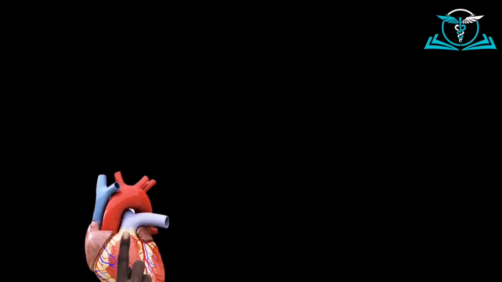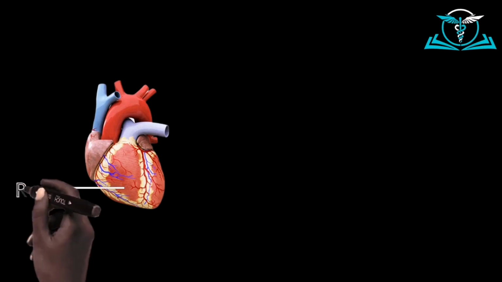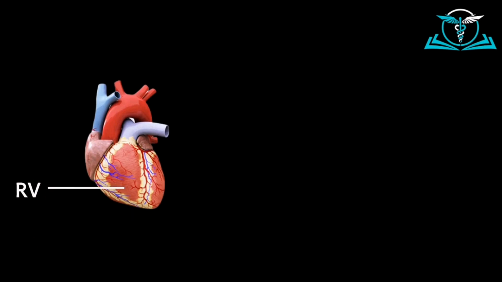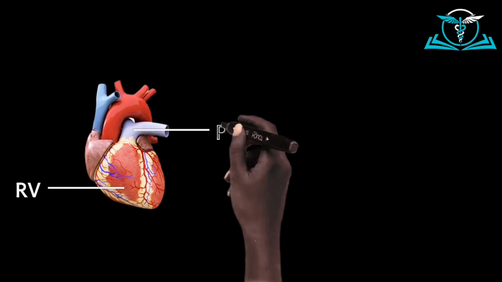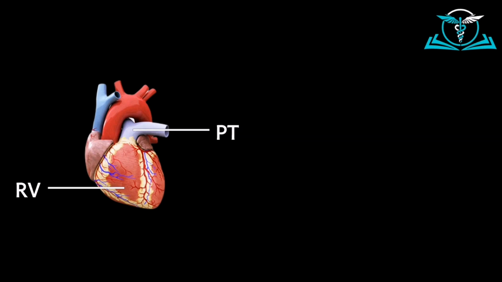Now remember that the circulation we have dealt with is actually the systemic circulation, and so we have given an overview of how the systemic tissues are supplied with blood. Now let's go to the pulmonary tissues, and we are talking about the alveoli. And so I put the heart here again, and I give an orientation that this is the right ventricle, and then the right ventricle pumps through the pulmonary trunk or the pulmonary artery into the alveoli.